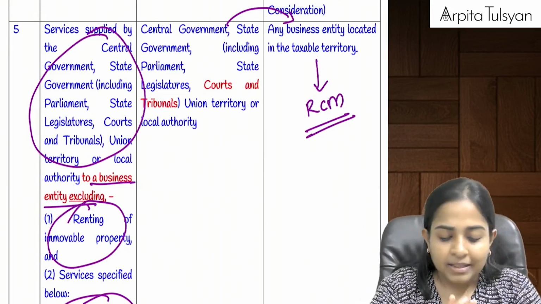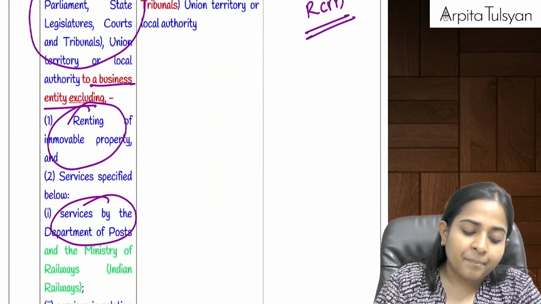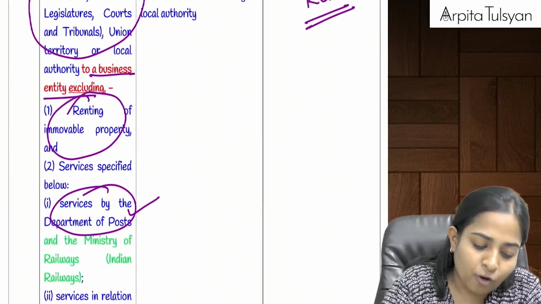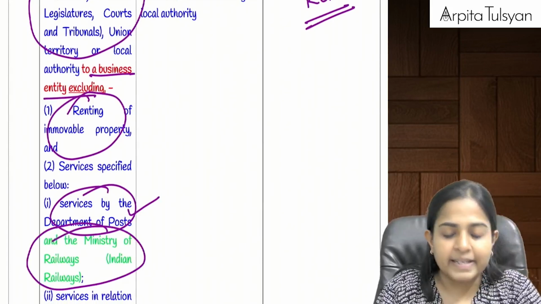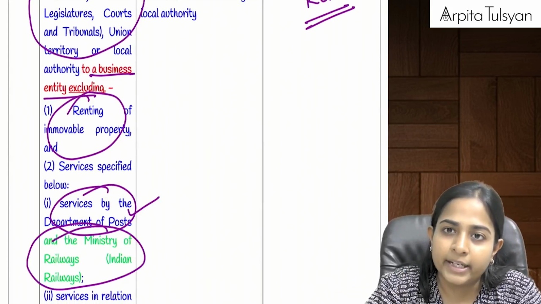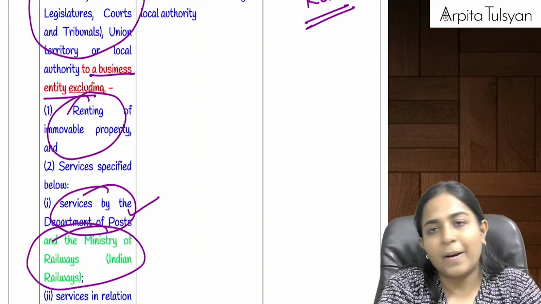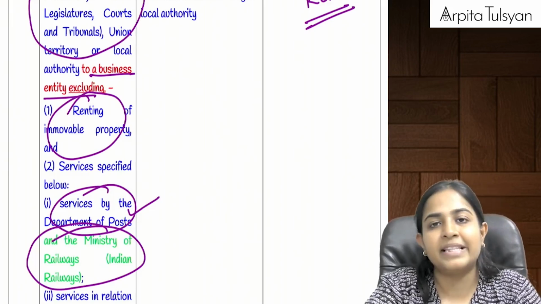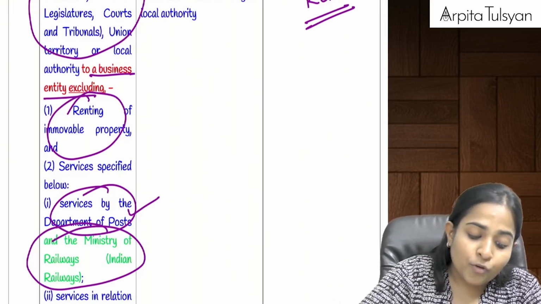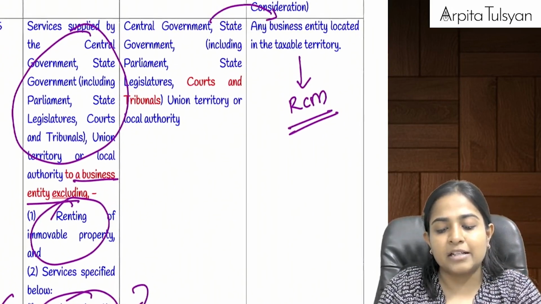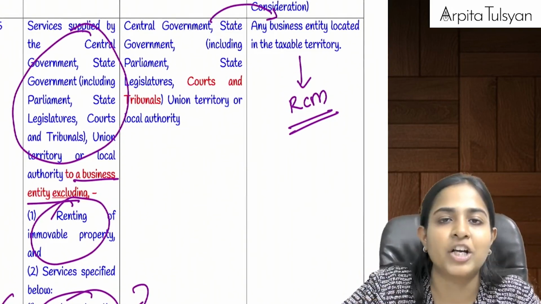Now this point remains the same, but along with Department of Post, Ministry of Railways, Indian Railways is also included there. We had discussed this, that whenever the services are provided, Department of Post, Ministry of Railways, can we say they come under central government only? So when these 2 persons are providing any service to a business entity, then forward charge is applicable.